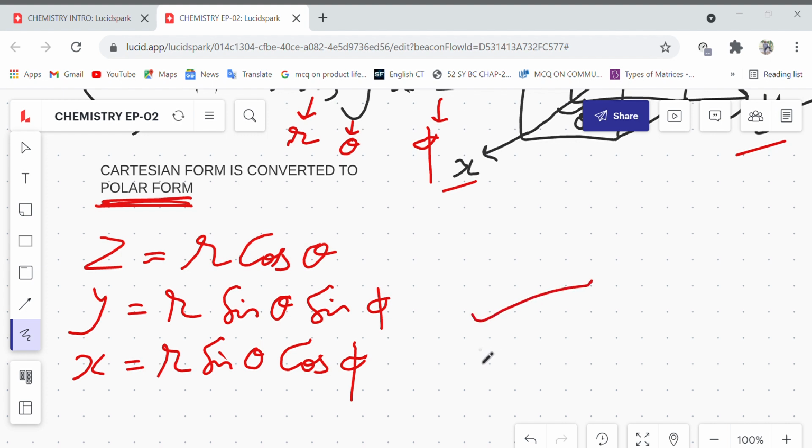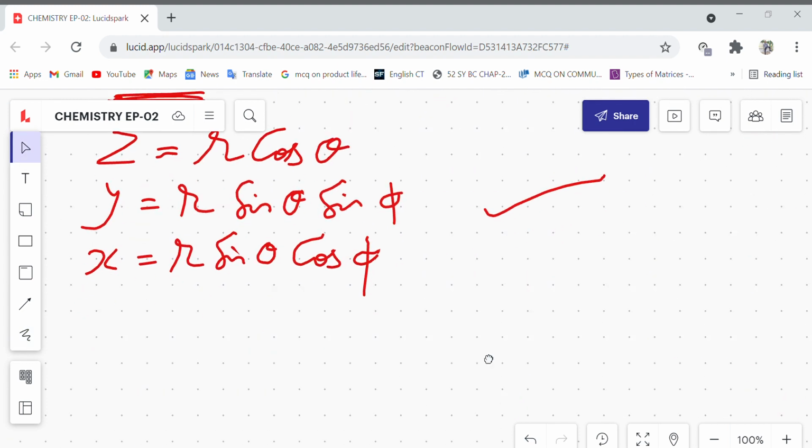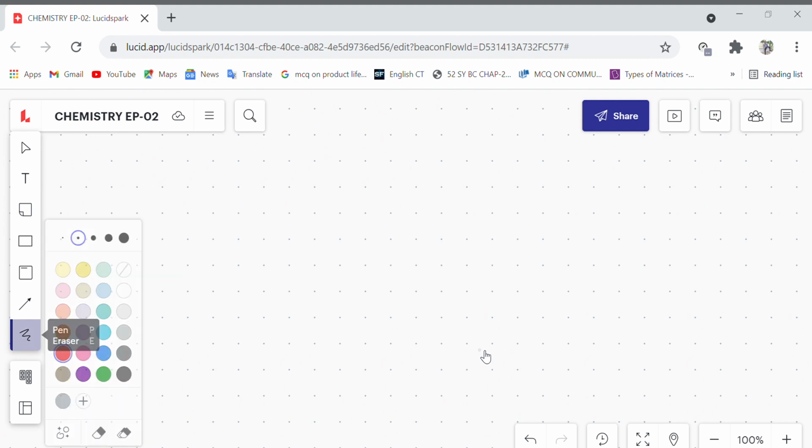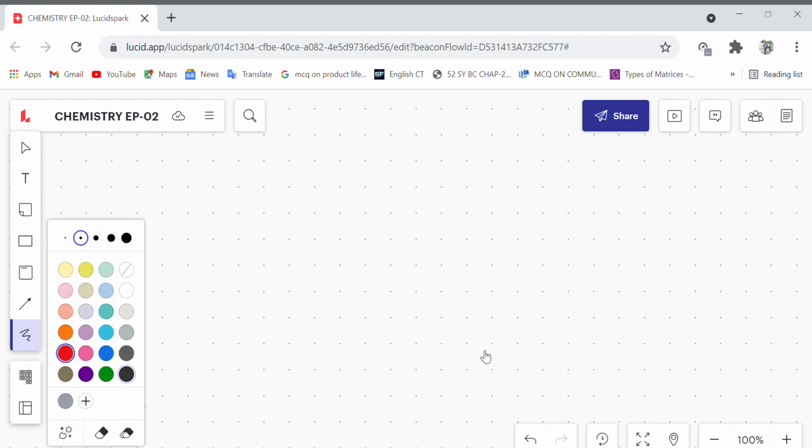Now let's again continue with the part of Schrodinger's wave equation. So what are we going to write?